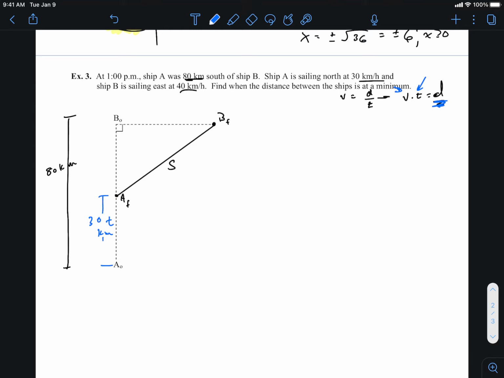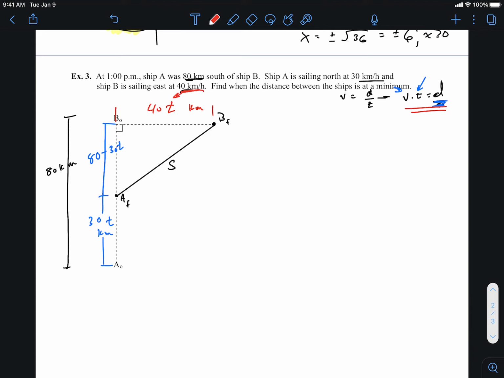Now the remainder, from here to here, would by default be 80 minus 30t. They didn't tell us anything about the top, so we just know that ship B is moving away from here to here at, say, 40t kilometers. They told us what the speed was, so we just threw it in there, for the exact same reasoning.